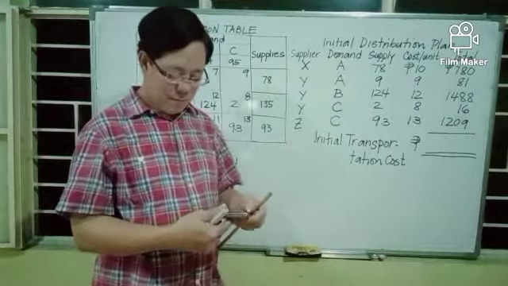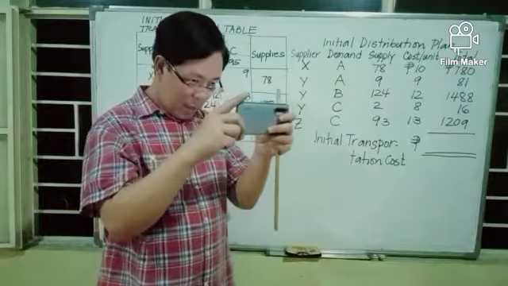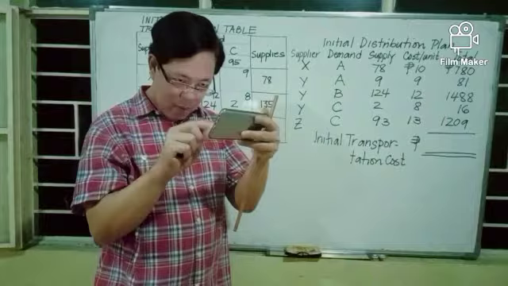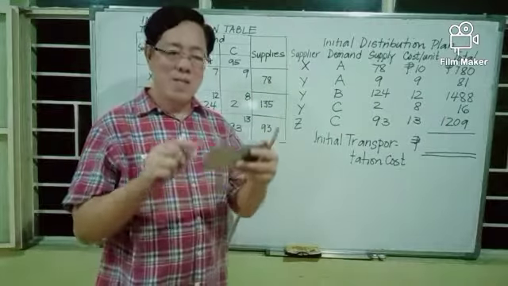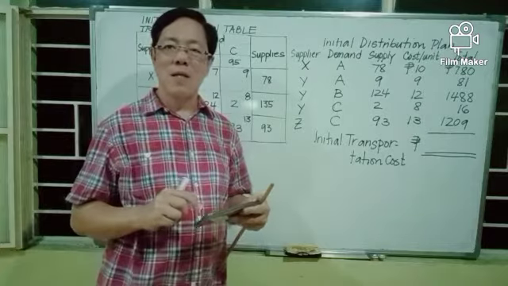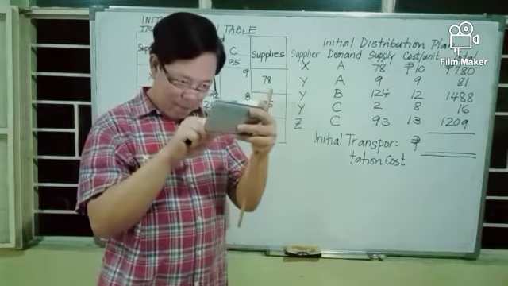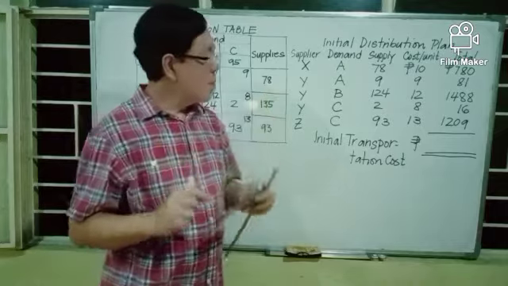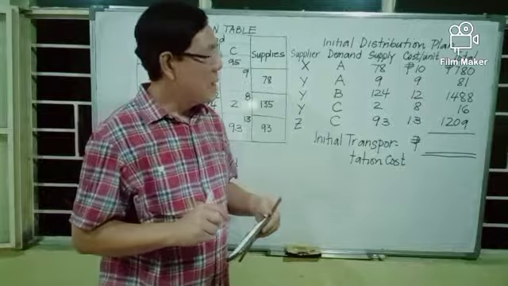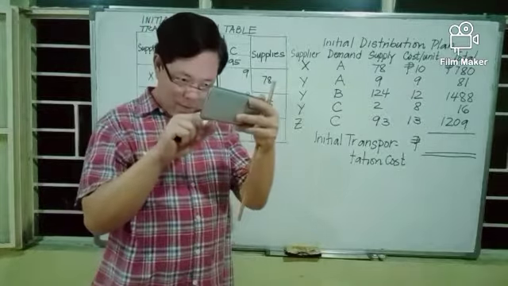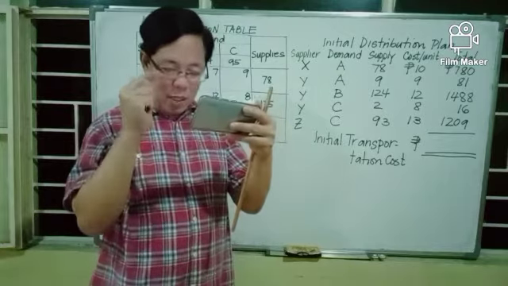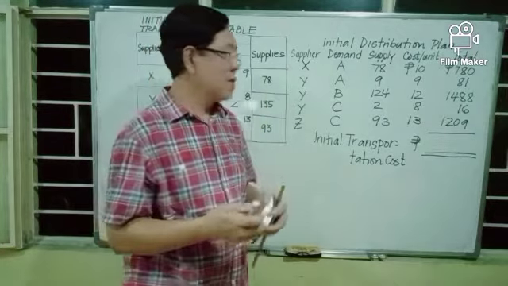We add: we have 780 plus 81 plus 1,488 plus 16 plus 1,209, and you should get 3,574.